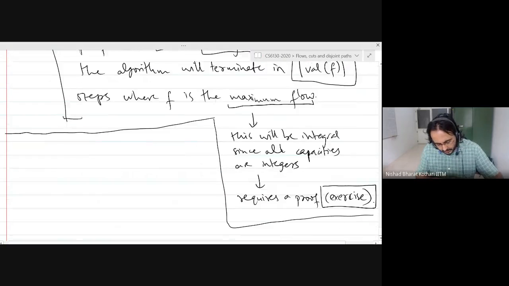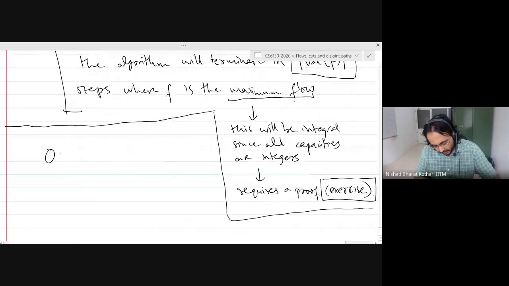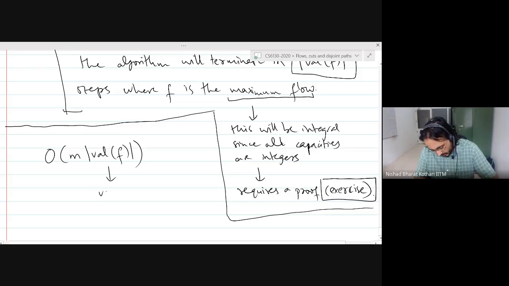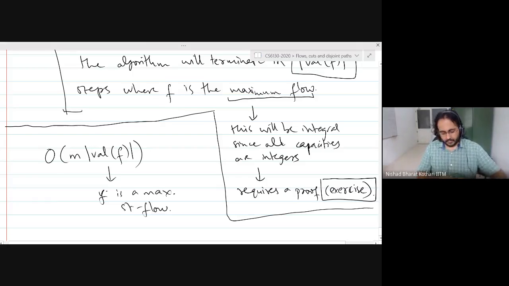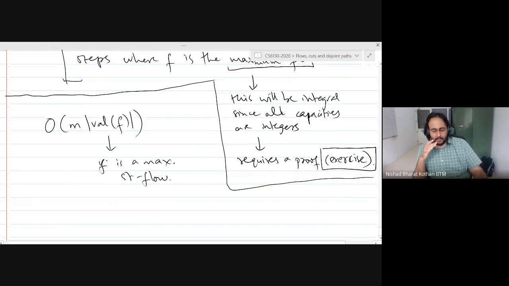Okay, so the complexity of the algorithm is order of m times the value of the maximum flow. Because in each step you will increase by at least one, and each step requires order m time because you are doing a breadth first search or a depth first search to find an st dipath in the auxiliary digraph.